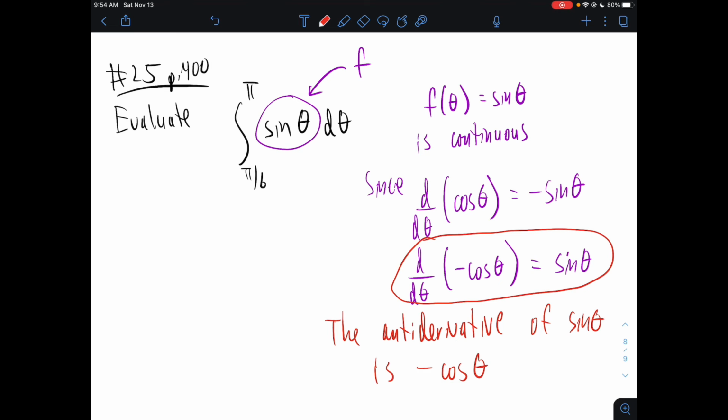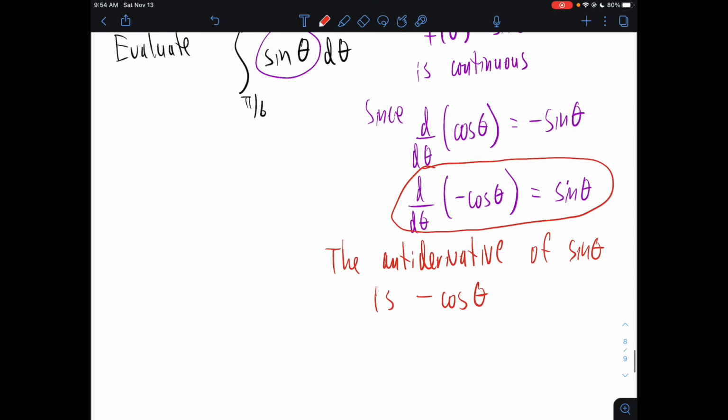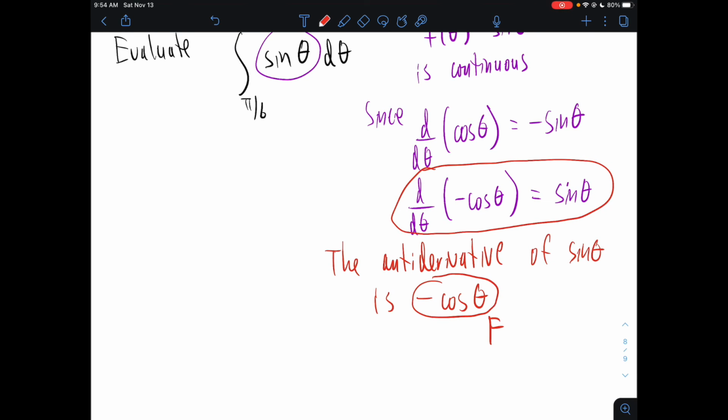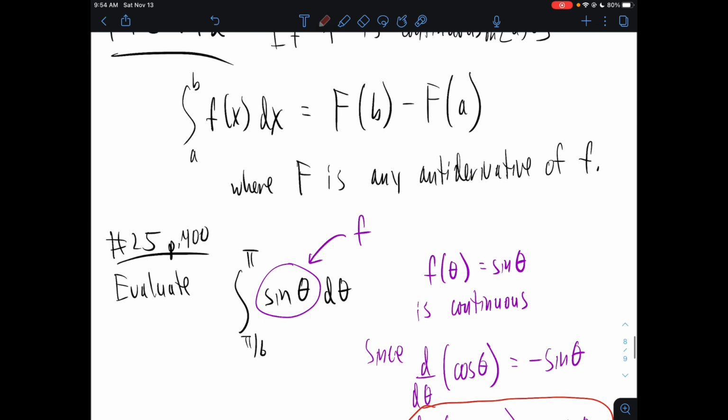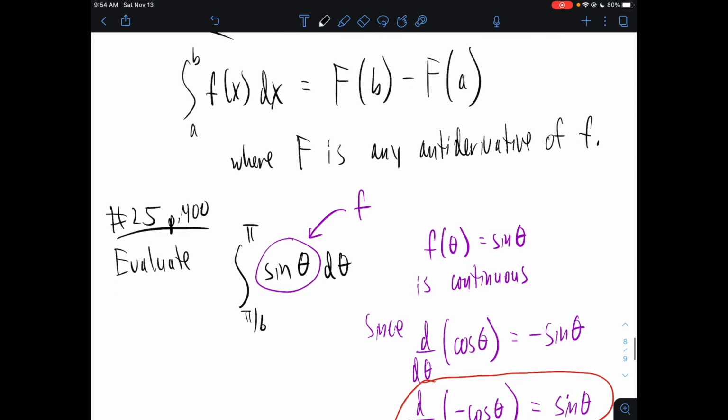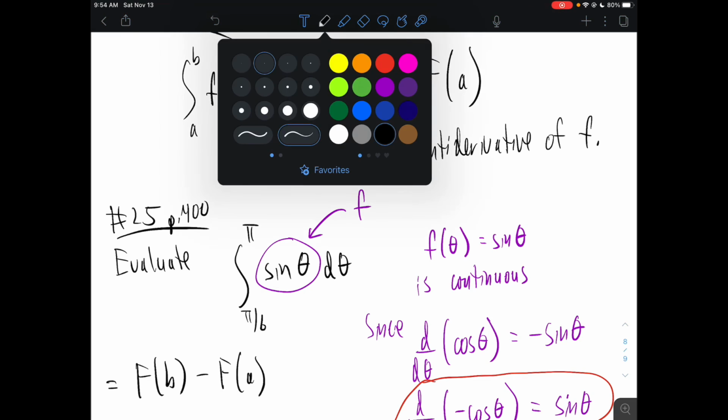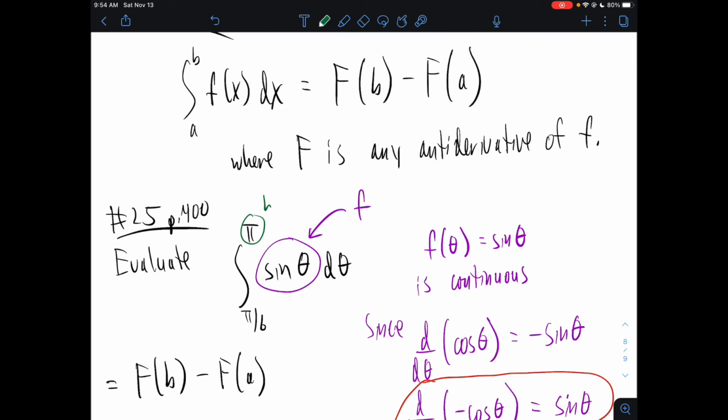So if lowercase f is sine theta, that means that in the language of our fundamental theorem of calculus part 2, negative cosine theta is capital F. So how do we evaluate our integral? Well, it has to be capital F evaluated at b minus capital F evaluated at a. Pi is going to be b, and pi over 6 is going to be a.